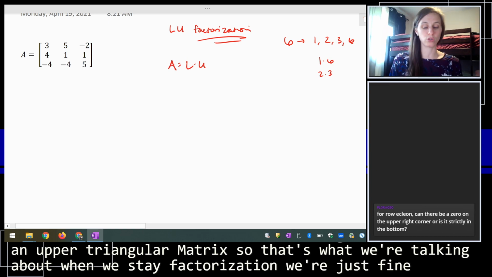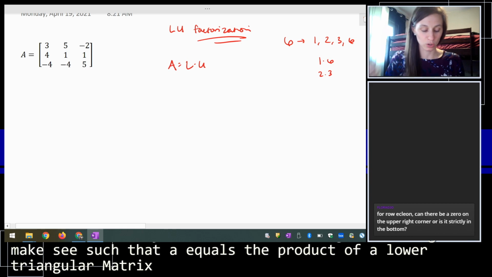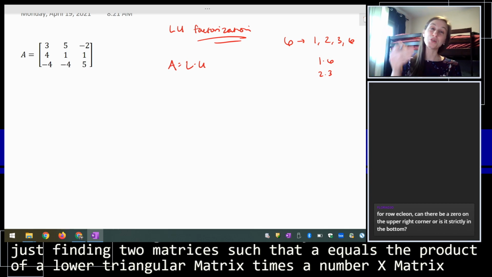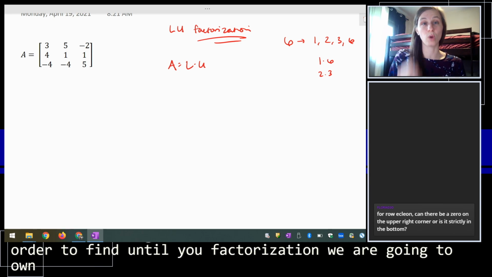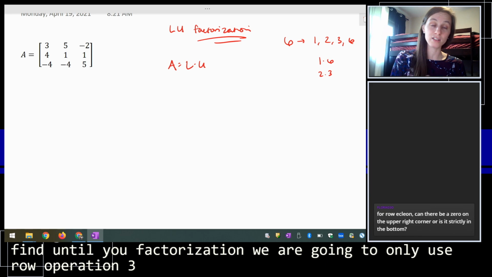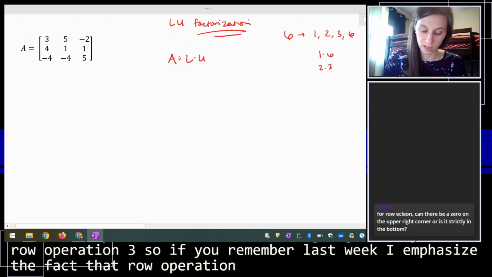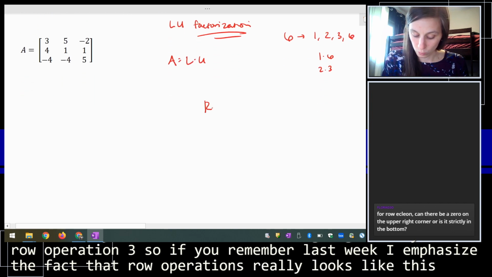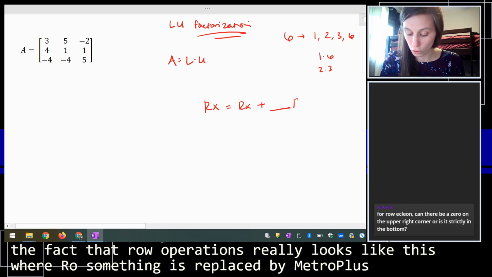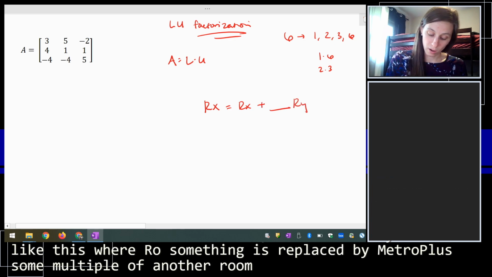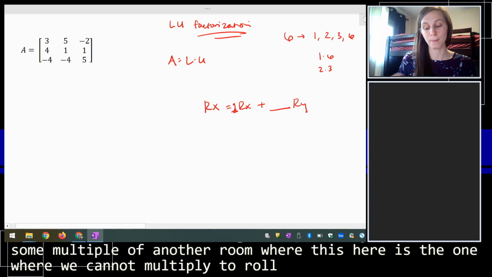We're just finding two matrices such that A equals the product of a lower triangle matrix times an upper triangle matrix. And in order to find an LU factorization, we are going to only use row operation 3. If you remember last week, I emphasized that row operation 3 looks like this, where a row is replaced by that row plus some multiple of another row, where this here is a 1, so we cannot multiply the row we are replacing by a number.